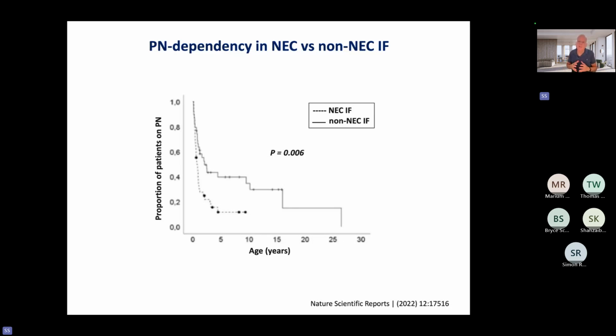In patients with non-NEC intestinal failure, these are patients who tend to have megacystis, megaureter, microvillus inclusion disease, tufting enteropathy, other disorders where the bowel that is intact does not function normally.